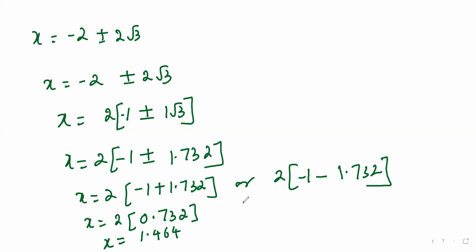See, I actually did not use tables here, because I know the value of root 3. But if you are given some other value, root 8 or root something like that, where you cannot get the answer immediately or you don't know, you'll have to look up tables. Okay, so 1.464.